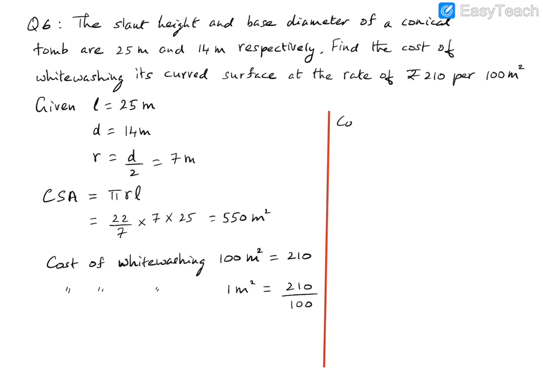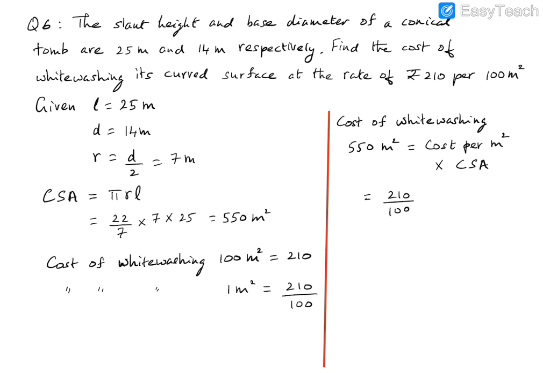So the cost of whitewashing 550 meter square is the cost per meter square into the curved surface area of the conical tomb. The cost per meter square is 210 divided by 100, and we need to multiply that with the total area of the tomb, which is 550 meters square.